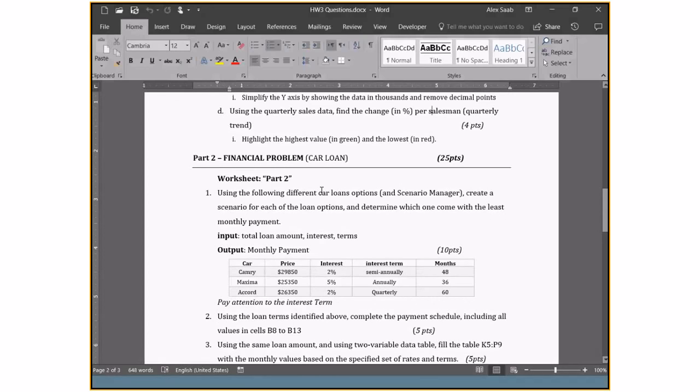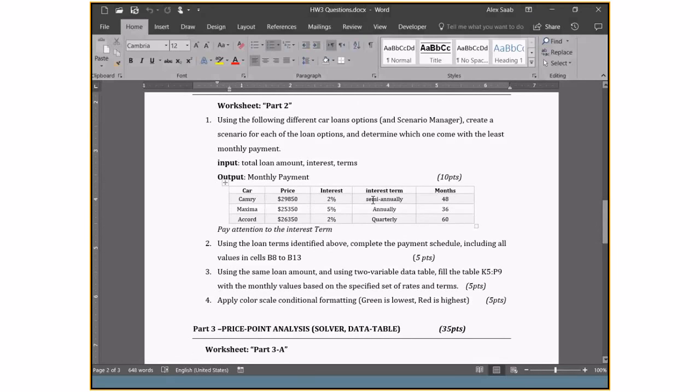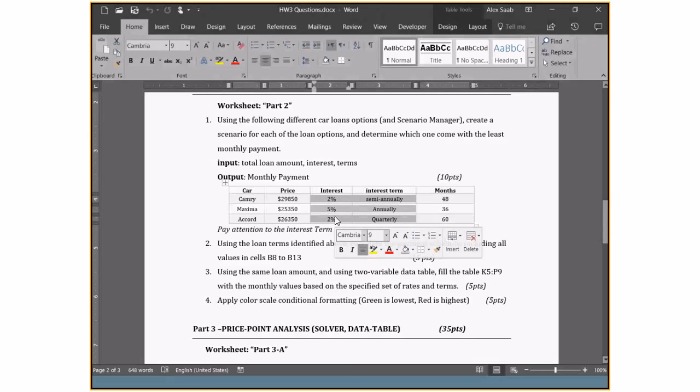Financial problem, scenario manager. The only trick here is basically, hold on, let me get my marker. Some people didn't realize properly in scenario manager, when you create the payment formula, this is the payment, right? You feed in what? The present value, right?